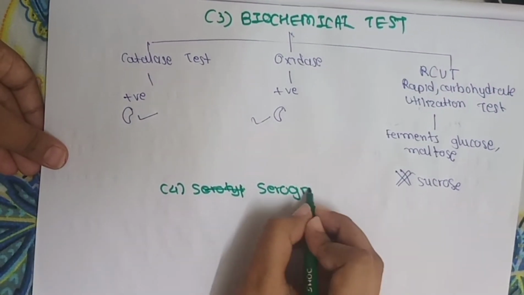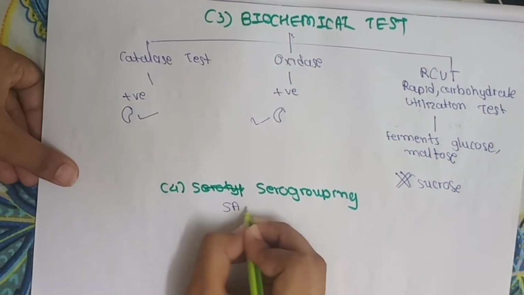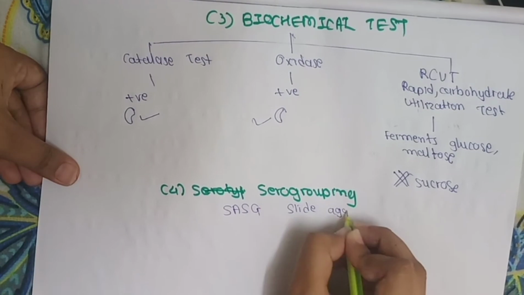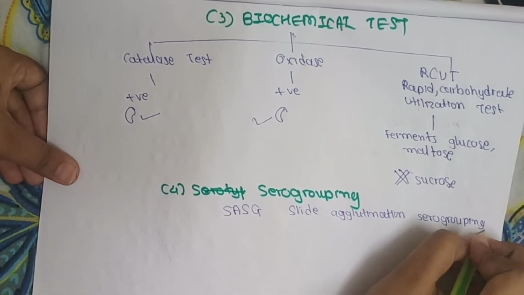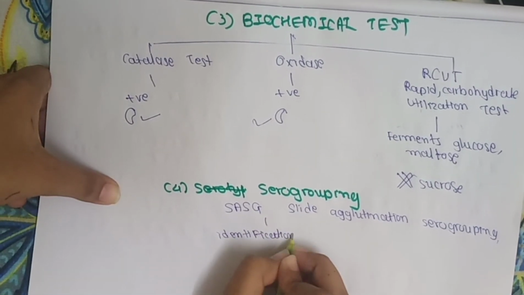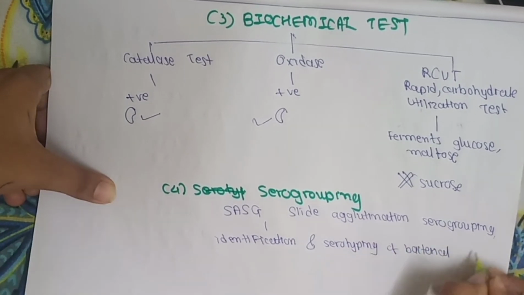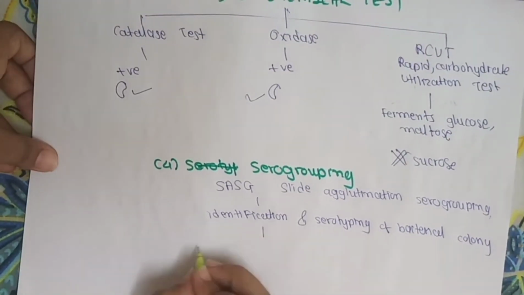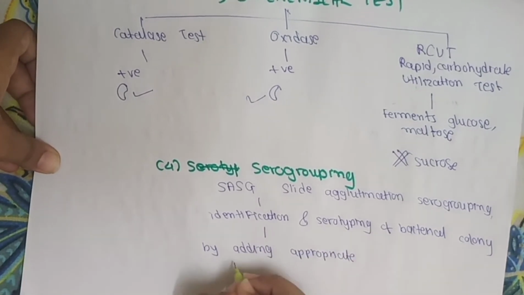Now the fourth method is serogrouping. For the serogrouping of meningococci, we will do SASG, slide agglutination serogrouping. In this test we confirm the identification and serotyping of bacterial colonies grown in the culture by adding specific and appropriate antisera.